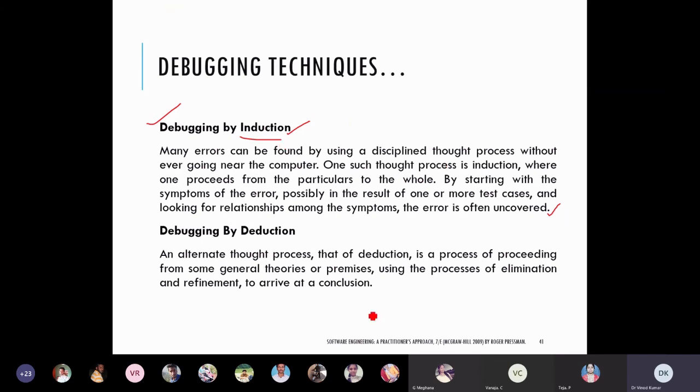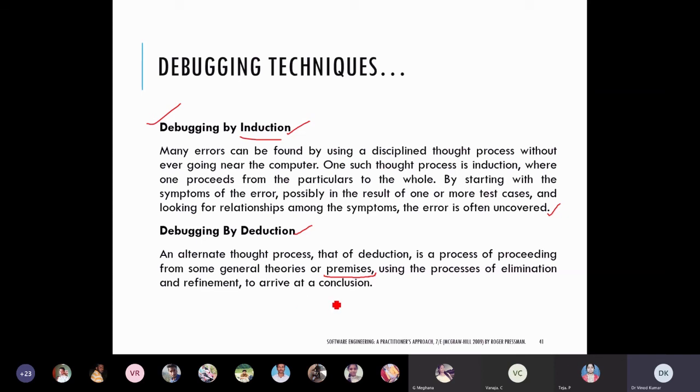Next one is debugging by deduction. In deduction we deduce some conclusions. It is an alternative thought process, that of deduction, the process of proceeding from some general theories or premises, using the process of elimination and refinement to arrive at a conclusion.